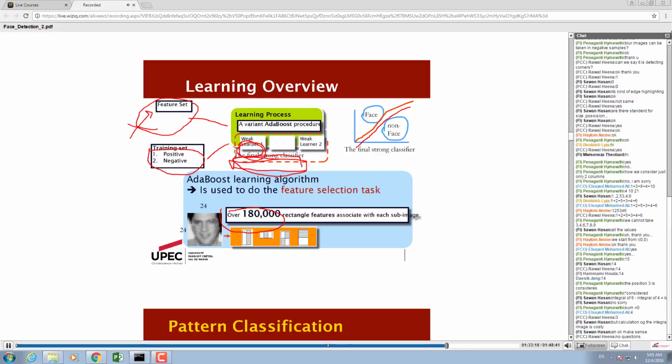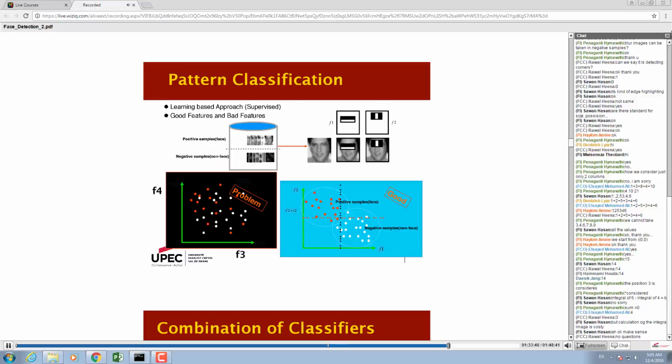Finally, the strong classifier can classify this complicated face and non-face feature space, so we can divide face and non-face. This is just the overall overview of the system. Again, for the AdaBoost learning algorithm, the main purpose and main task is feature selection.